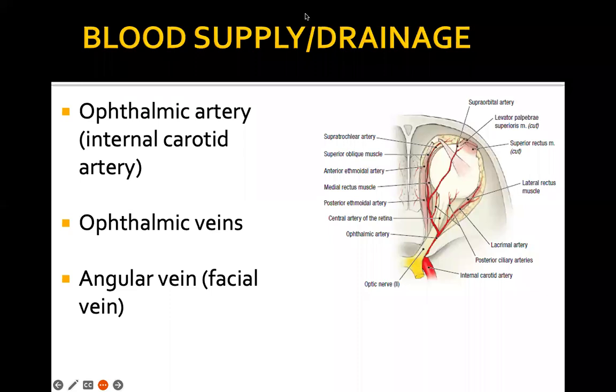From the neck. From the what? Neck. From the neck. We have the external and the internal carotid artery. The internal goes to the brain and the external for the facial, I think. So, yeah. Okay.